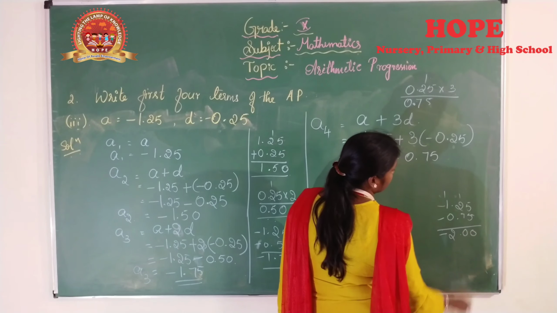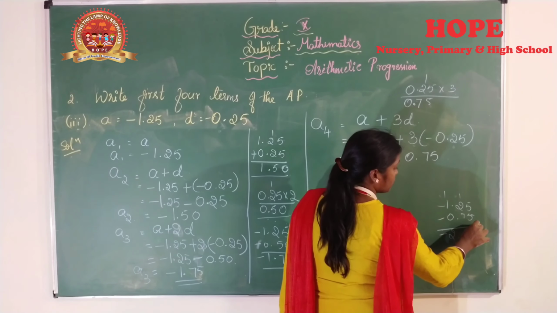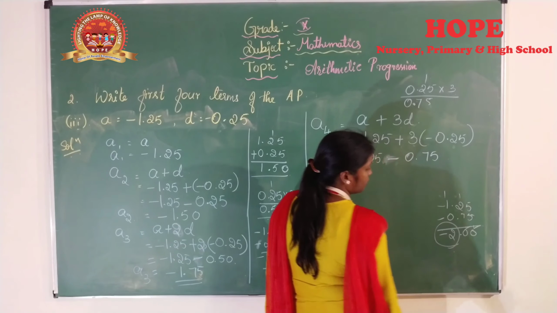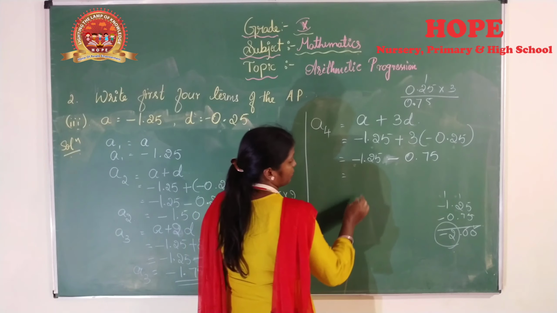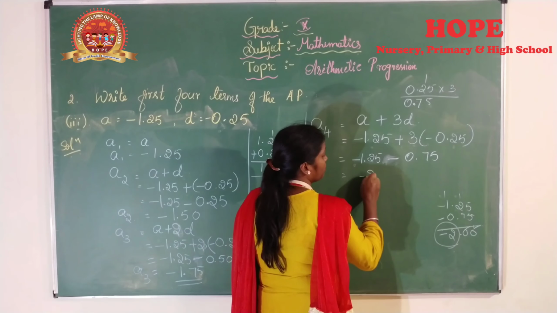After the decimal, if it's 0, its value is only the 2. The value will be only minus 2. So here the answer will be minus 2.